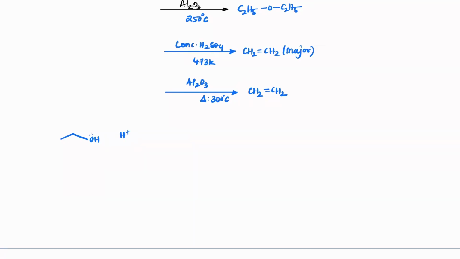So the lone pair would be attacking this H plus, giving OH2 plus. So that makes this a good leaving group. That's when the next mole of the nucleophile will attack on this oxonium ion. So the lone pair will go attack here, remove water out, and thus giving us an ether form like this.